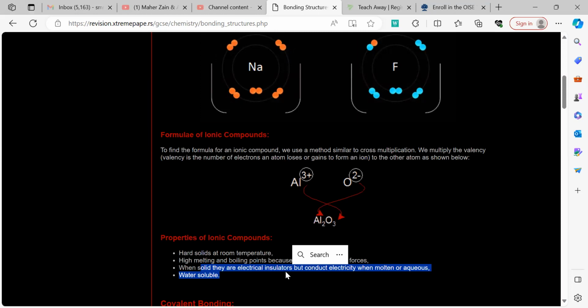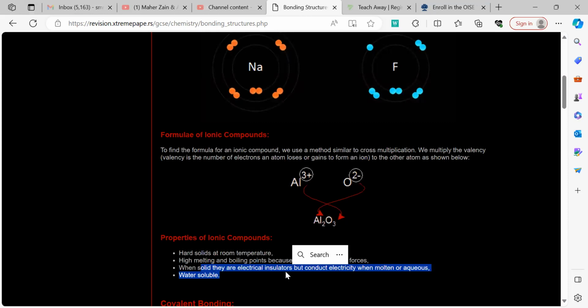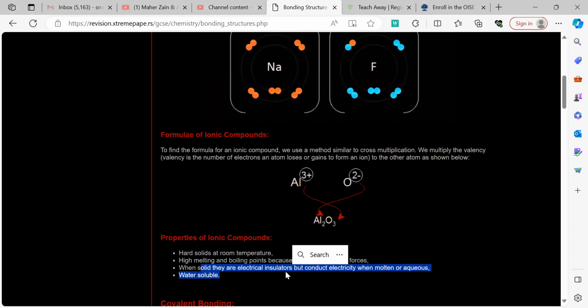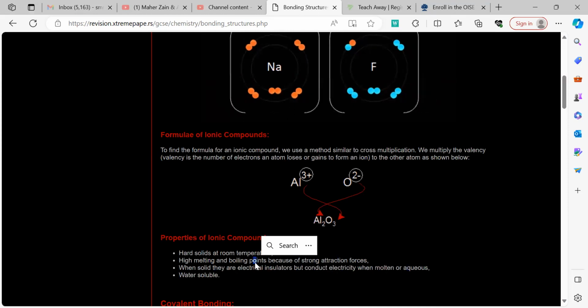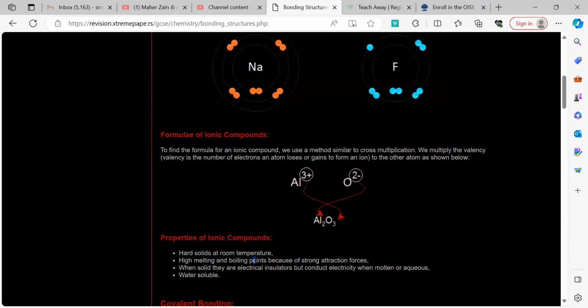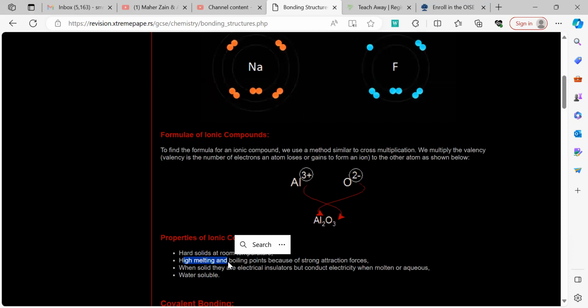The reason is that in the solid state they don't have freely moving ions, whereas in the molten state they do. This property of free-moving charged particles isn't only applicable to ionic bonding, it also applies to other types of bonding, which we will study later in the video. As I have already told you, they have high melting and boiling points, and they are hard solids at room temperature.